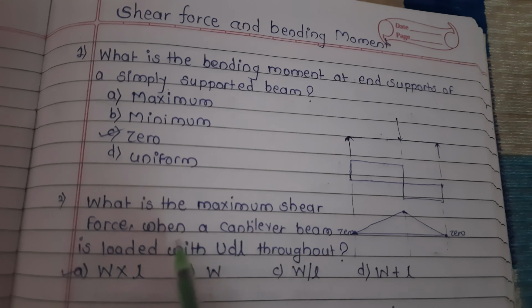Then what will be the variation in bending moment for the diagram? Assume L is equal to 2 meter and this load is 10 kilonewton. We have been given a cantilever beam.